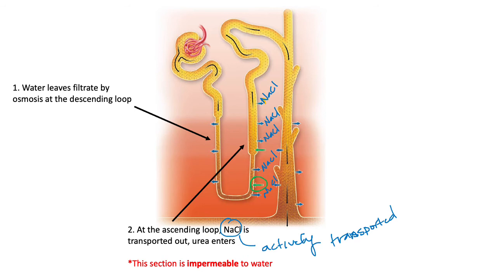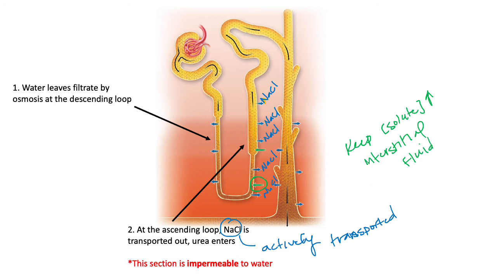It is impermeable to water, but we are actively pumping out sodium. And that's important because that active transport is going to keep solute concentration high in the interstitial fluid. And that is really important for the last part of water reabsorption.